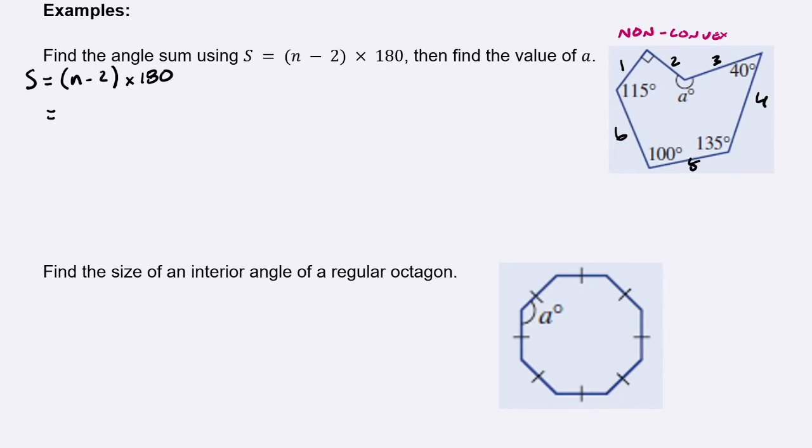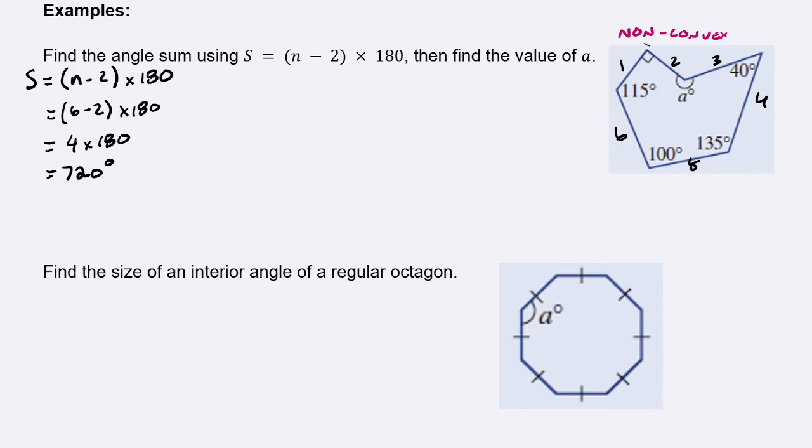So we use 6 for N. So we have 4 lots of 180, which is our 720. Alright, so we know that the total, the whole shape all added together, is 720.